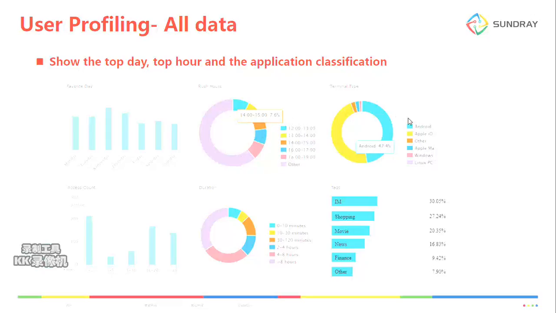And the terminal types distribution here, like how many people are using Android devices, how many are using iOS devices, and access counts: for 1 to 3 times there are 200 people, and for more than 20 times there are more than 100 people.